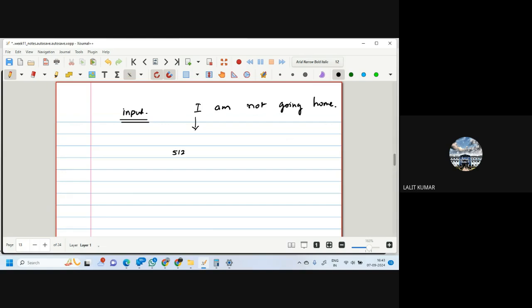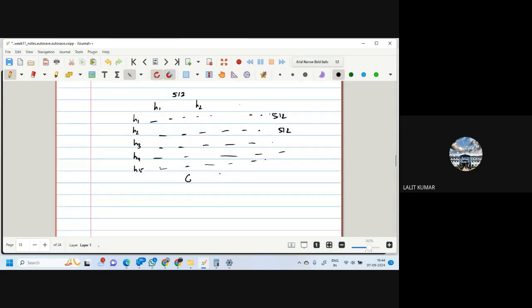So we can say this is H1, H2, H3, H4, H5, H6, and each has 512 values. So our input dimension is a 6 into 512 matrix.